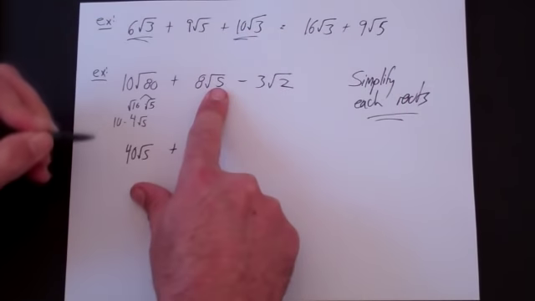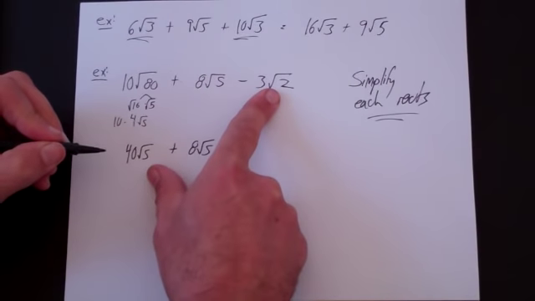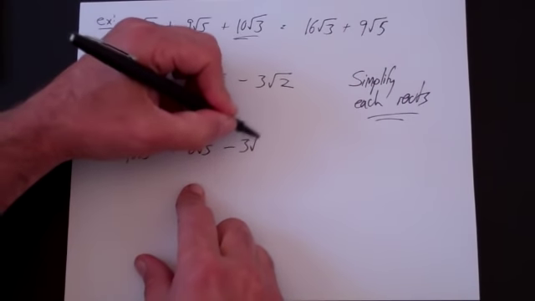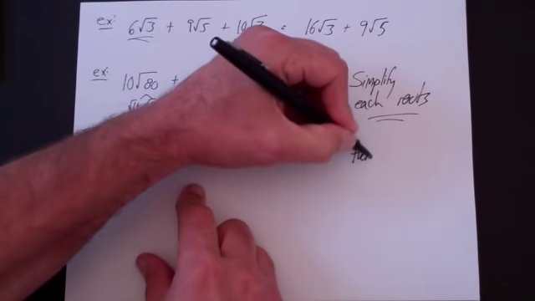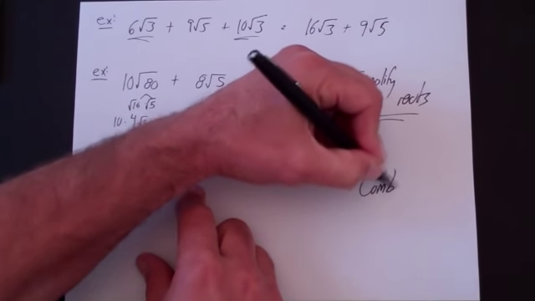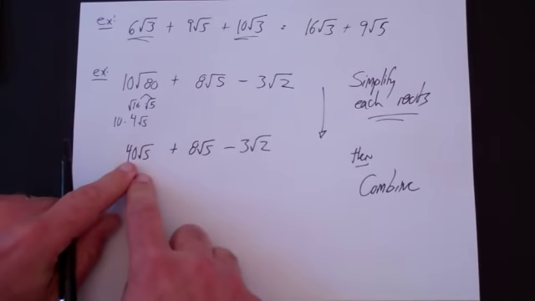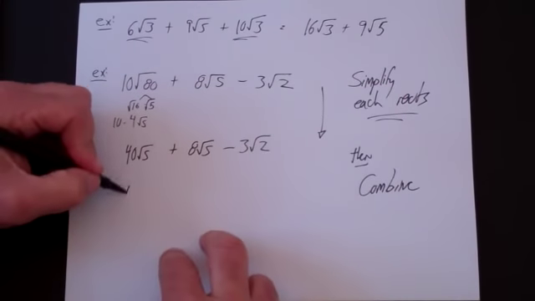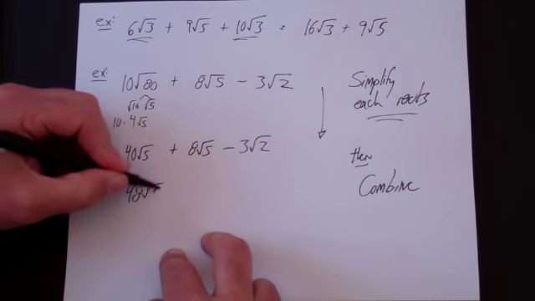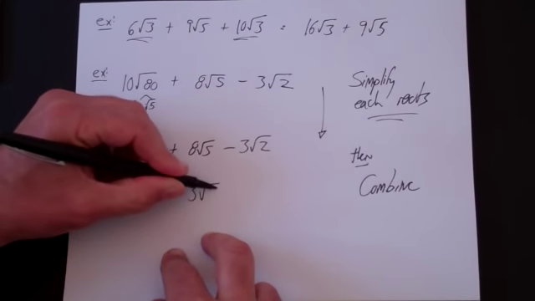You can't simplify root 5 anymore. Root 2, you can't simplify that anymore. So after you simplify, then you combine. Root 5, root 5. These two you can combine. That's 40 plus 8. That's 48 root 5 minus 3 root 2.